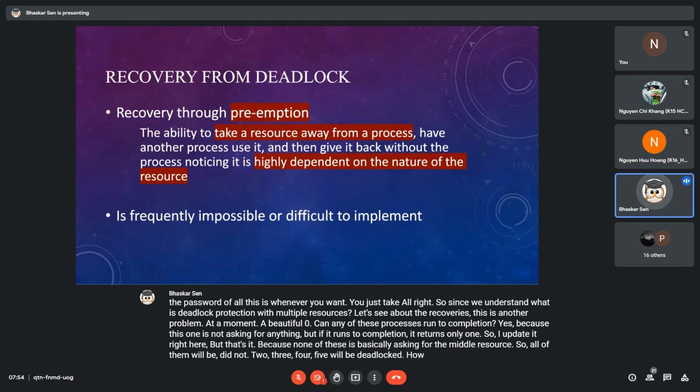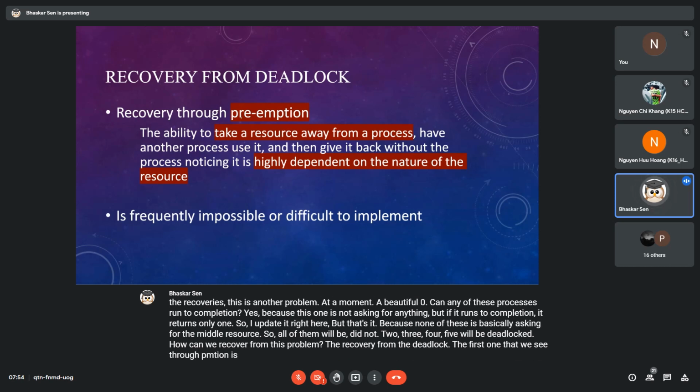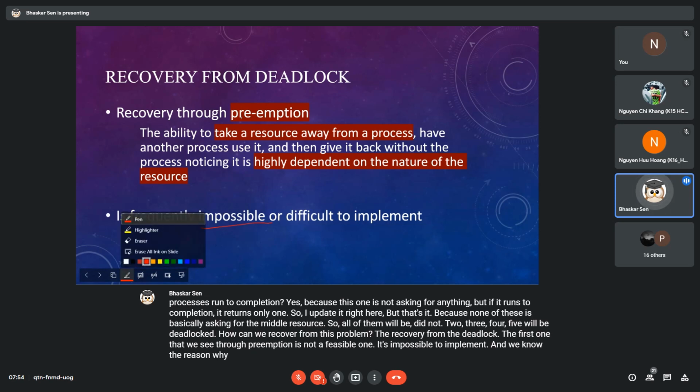How can we recover from this problem? The recovery from the deadlock, the first one that we see through preemption, is not a feasible one. It's impossible to implement, and we know the reason why.